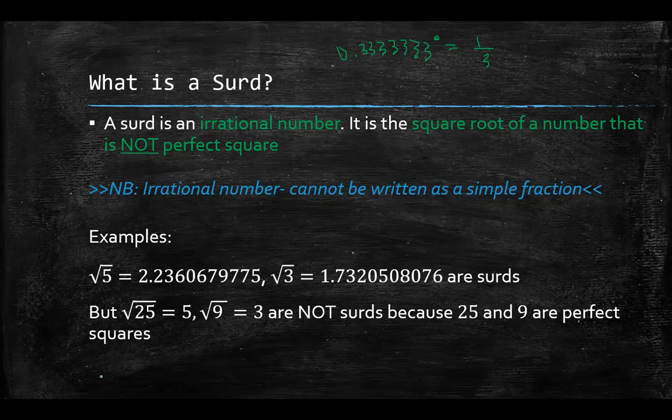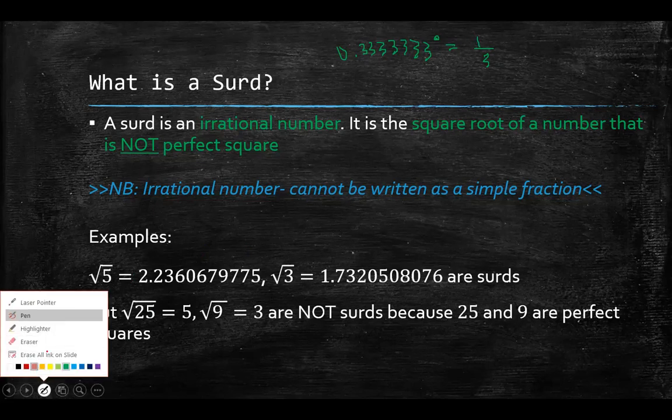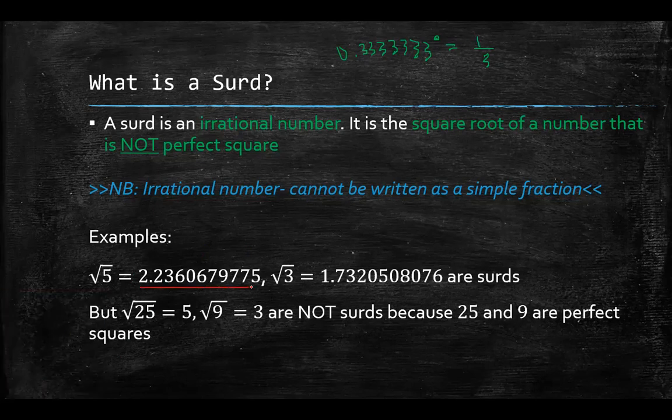Unlike 0.3333333, this long decimal cannot be written as a simple fraction. And that's why we call it an irrational number. So just remember that irrational numbers cannot be written as simple fractions.